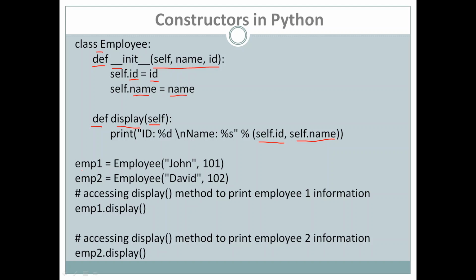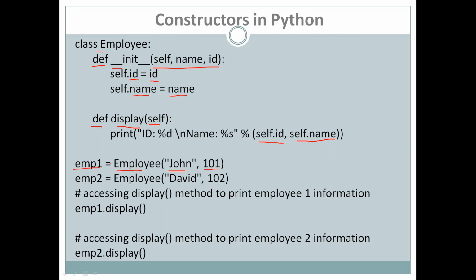Then outside the class we are trying to create an object of Employee. Here you can see emp1 is equal to Employee, and we are passing values John and 101. Now as I've said, init is called whenever we instantiate an object, or whenever we create an object of a class, init is called.